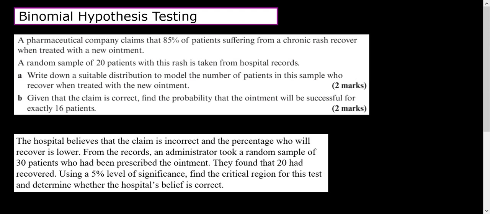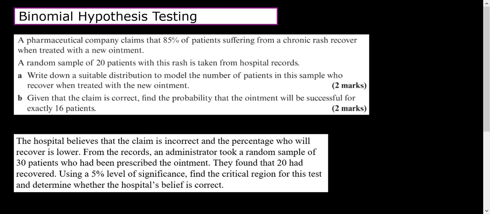They found that 20 had recovered. Using a 5% level of significance, find the critical region for this test and determine whether the hospital's belief is correct. Now you can think about that situation as a real-life situation. It seems perfectly reasonable. A hospital believing that the claim is not correct. How do we test that? Well, that's the job of hypothesis testing.